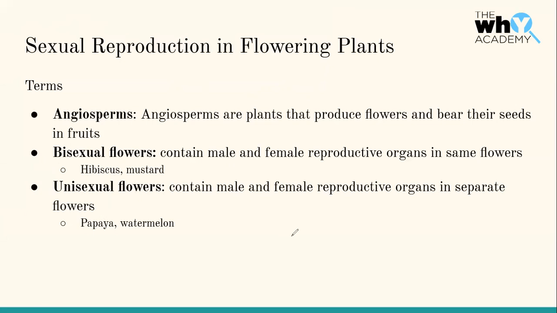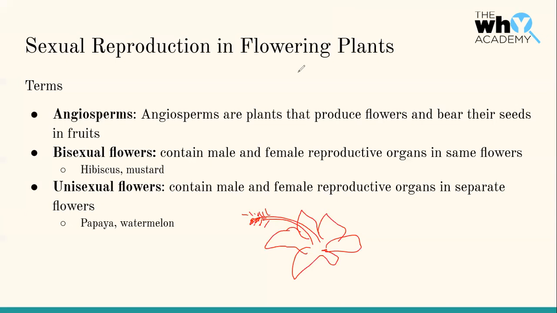Hibiscus you all must have seen, right? The red flower with red petals and a yellow stalk-like thing coming out like this. Have you all seen it? Yes, ma'am, I've seen.